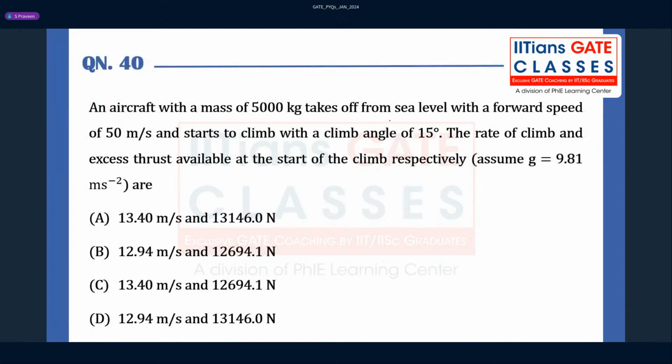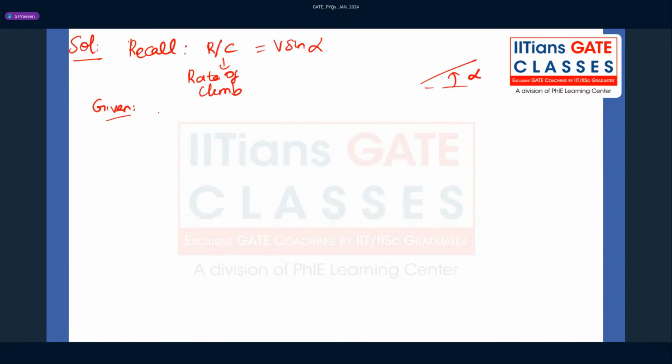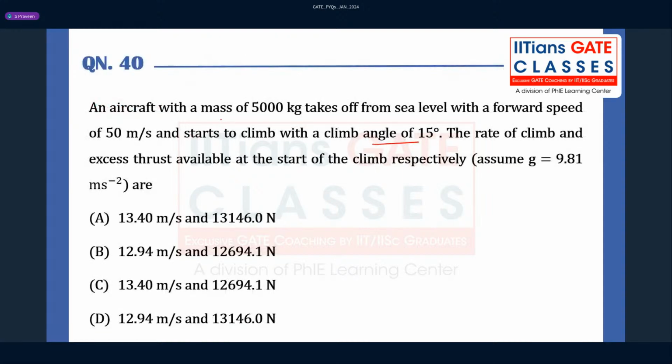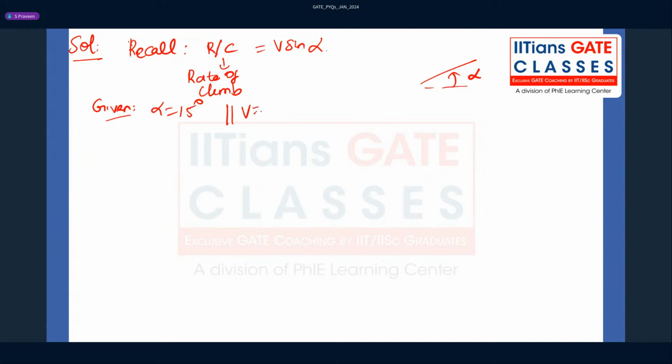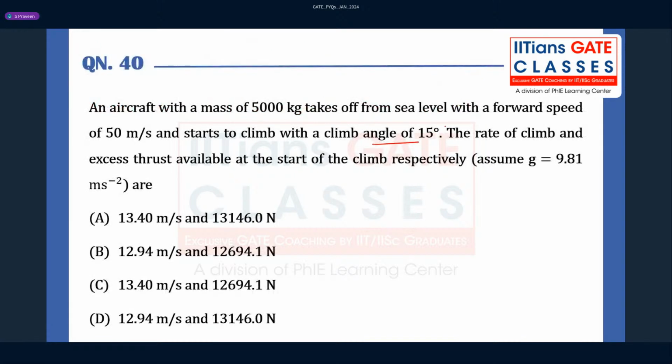Given that your climb angle is 15 degrees, which means alpha is 15 degree, right? At a forward speed V of 50 meter per second, and my mass is 5,000 kg. Is anything else given? No, right?